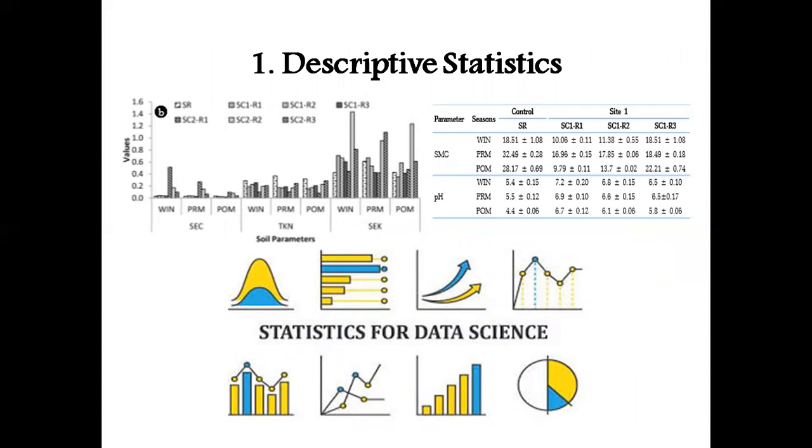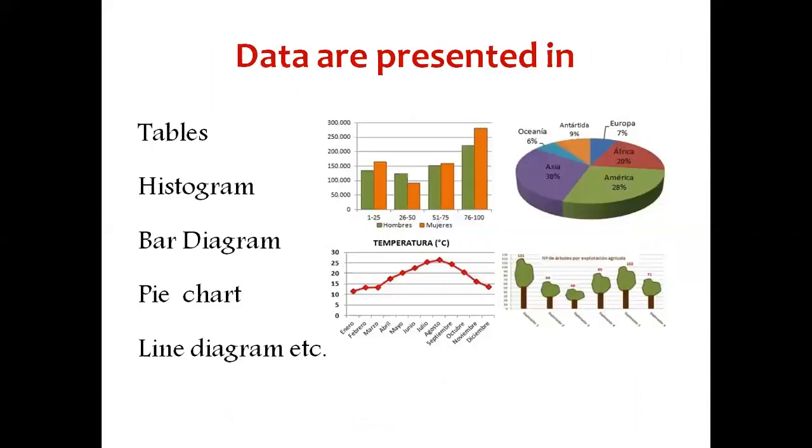What are you going to see? We will discuss it. Now, for descriptive statistics, basically, data are presented in the form of a table, a histogram, a bar diagram, a pie chart, or a line diagram. I think you all have seen these kinds of images before. So this is how we present descriptive statistics.